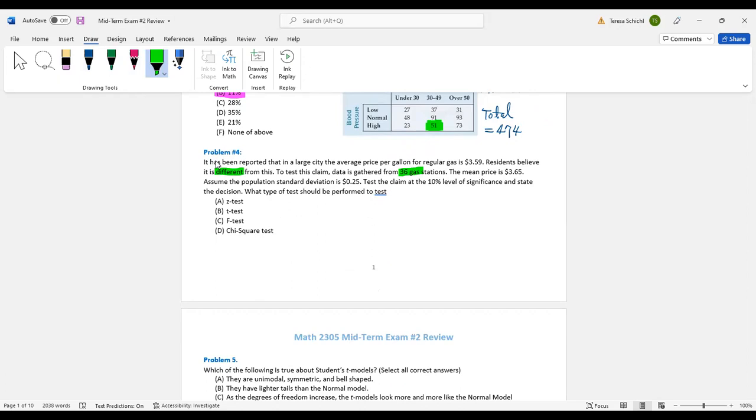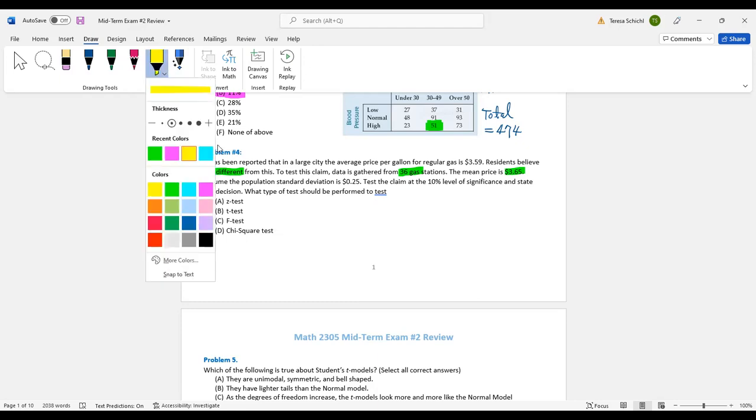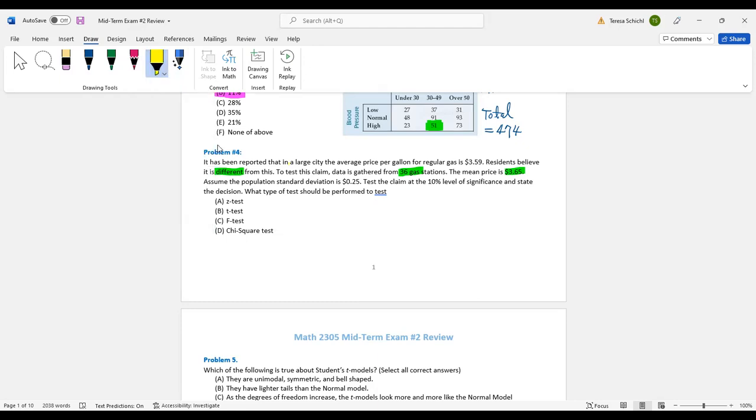The mean price is 3.65. That means out of these 36 gas stations, I have the average 3.65. And then they said, assume the population standard deviation is 0.25. I want to test the claim at the 10% level. So what type of test should we do?